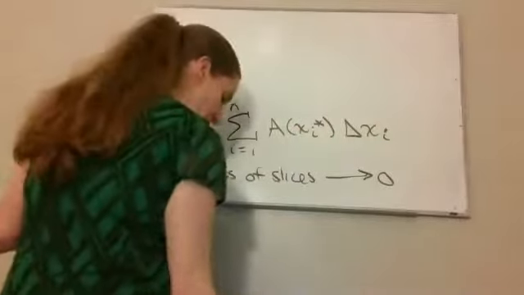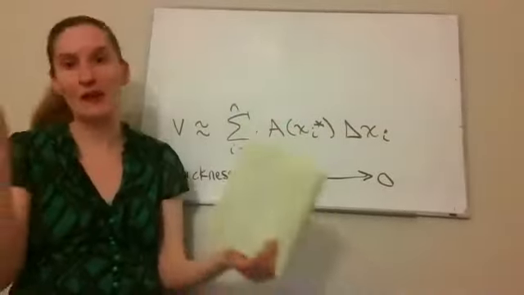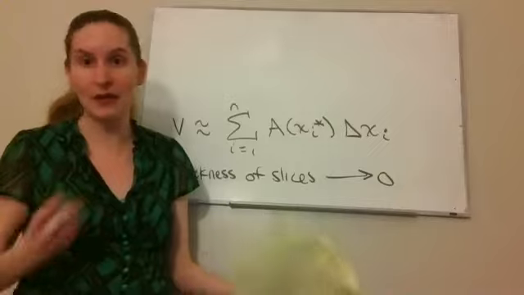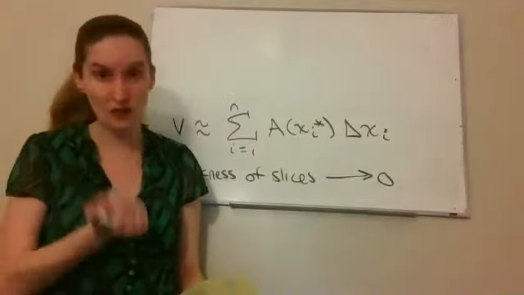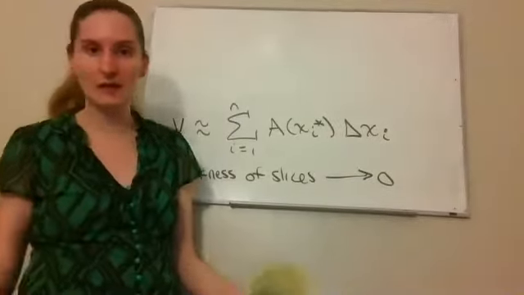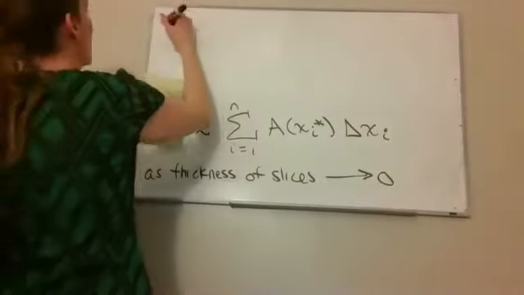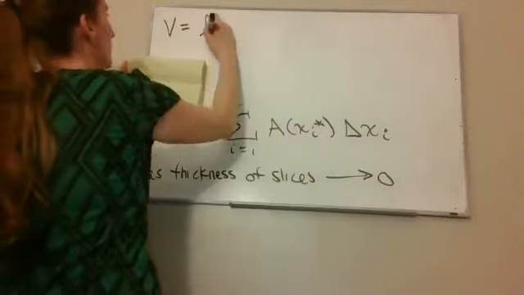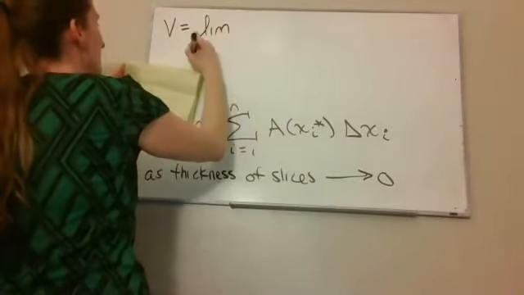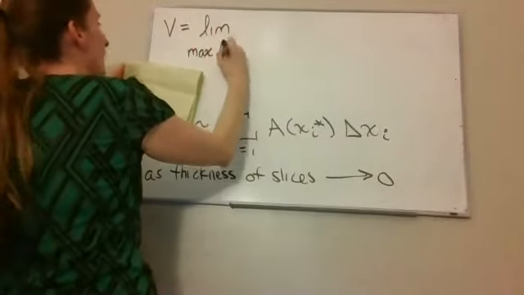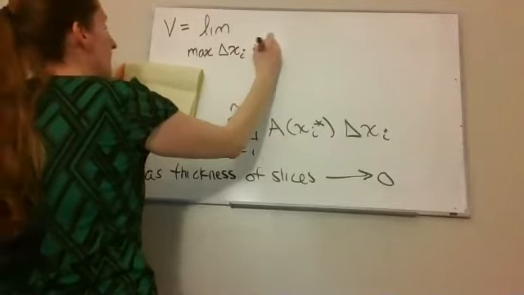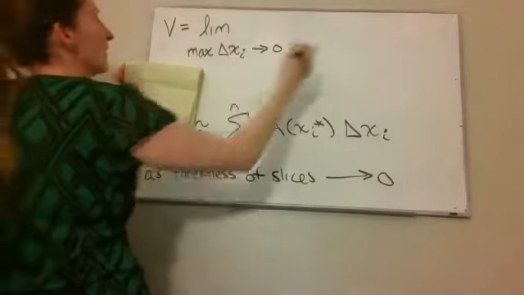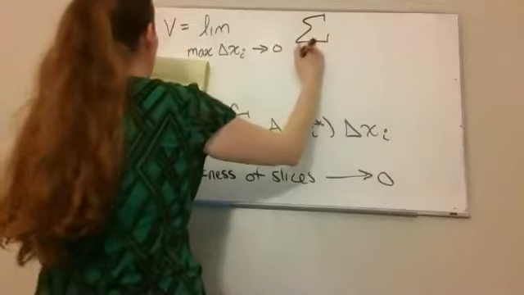And here is our definition. So for those of you whose eyes are glazed over from talking about the theory, time to wake up now. We're about to get the actual formula that we're going to use on these problems. All right, so the actual formula is the volume is equal to the limit as the maximum width of our slices goes to 0 of this sum.